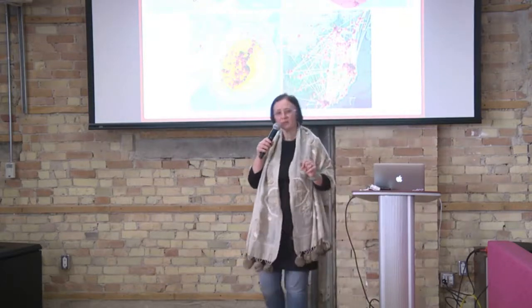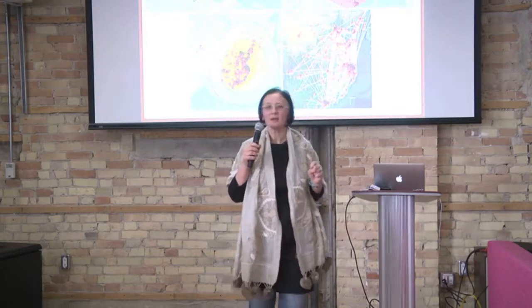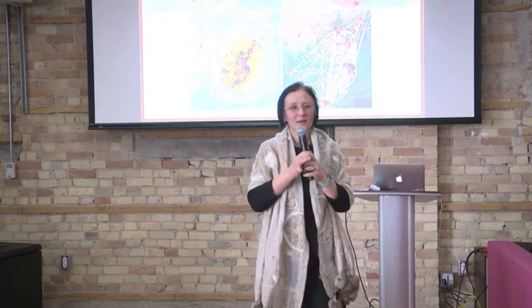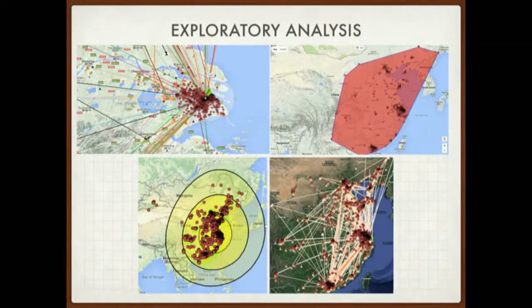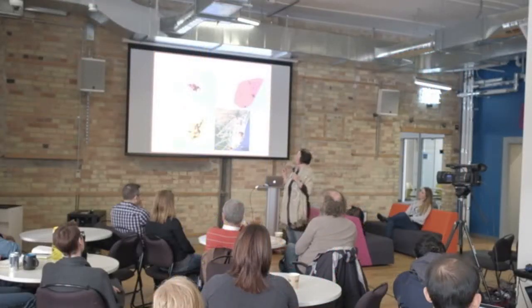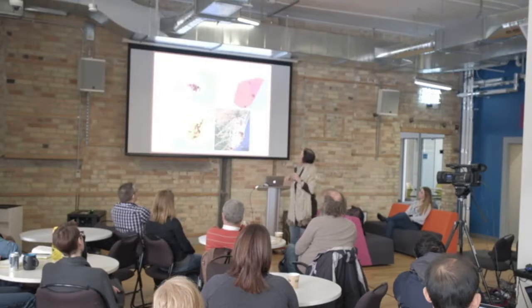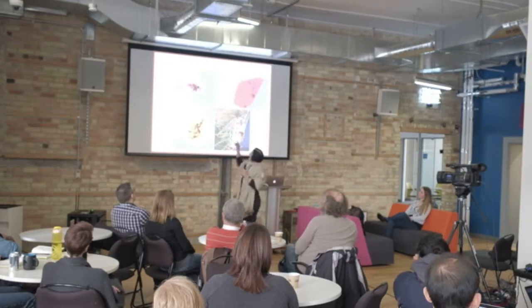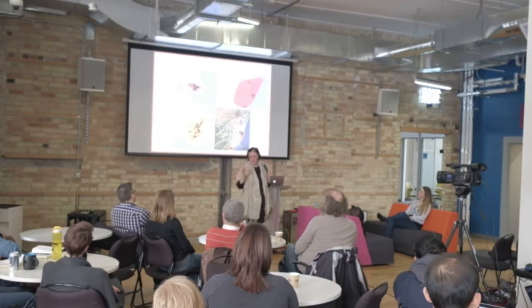Besides this, we used a few other techniques. Some of them were developed in cartography, and some of them were developed by the visualization community, like the IEEE visualization community. On the first image, you can see the magic lens.